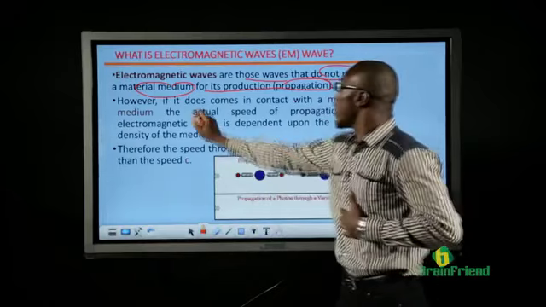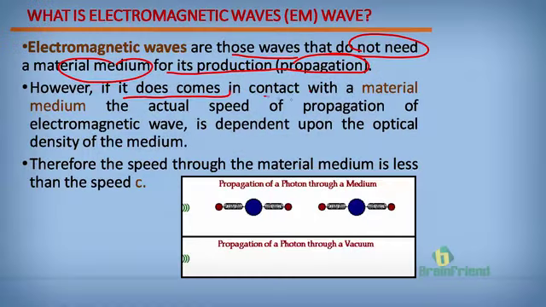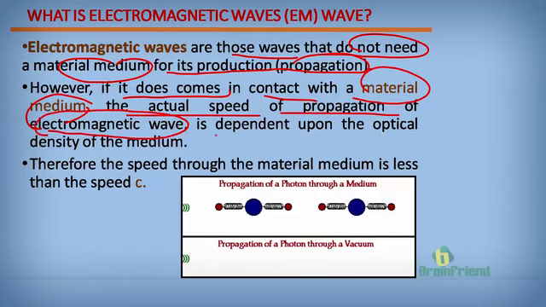However, if it comes in contact with a material medium, the actual speed of propagation of the electromagnetic wave is dependent upon the optical density of that medium.